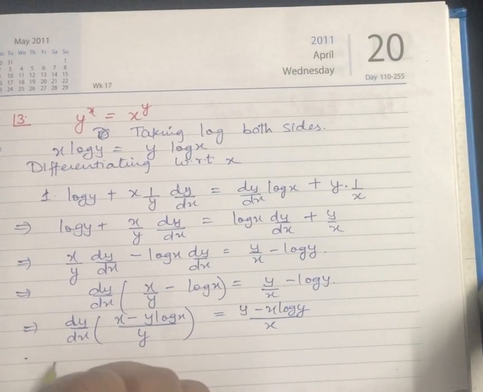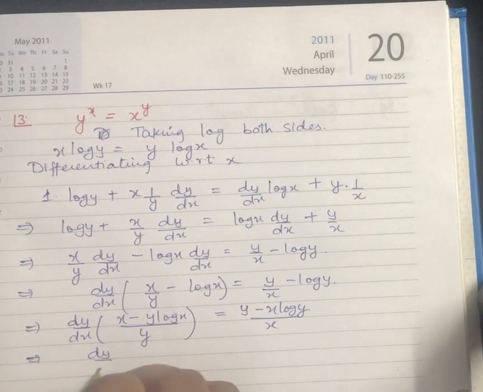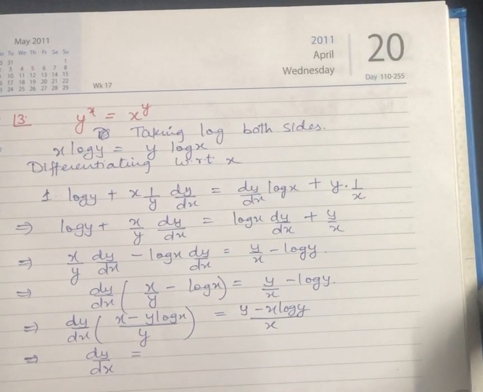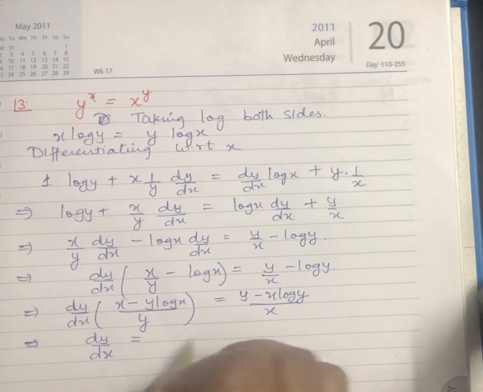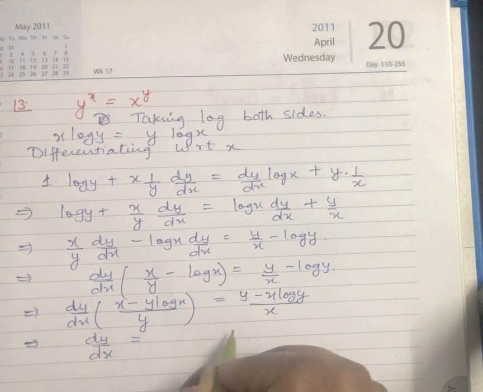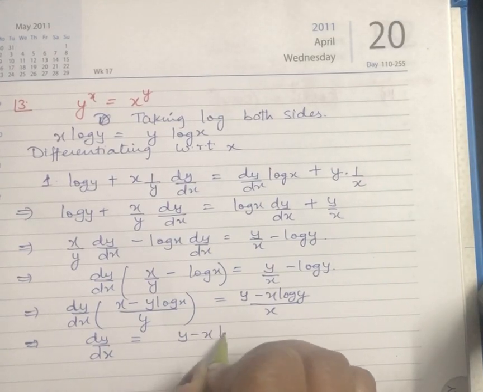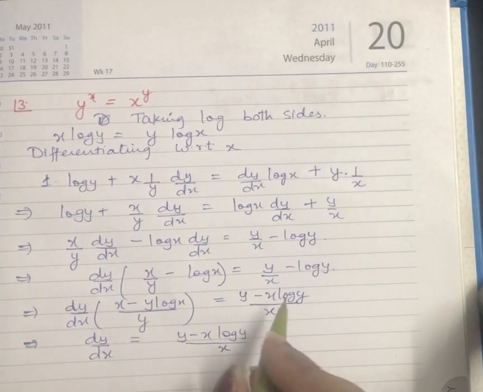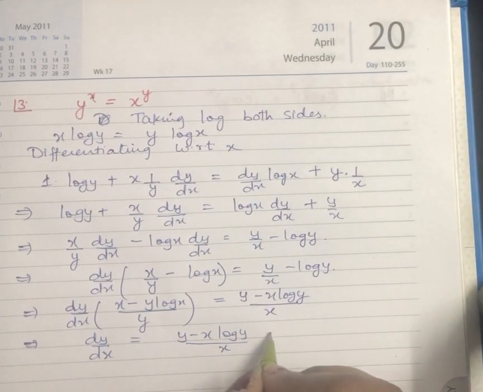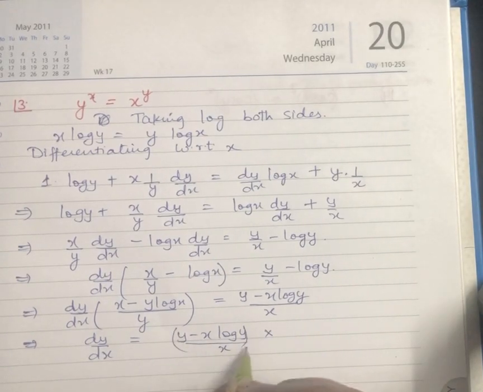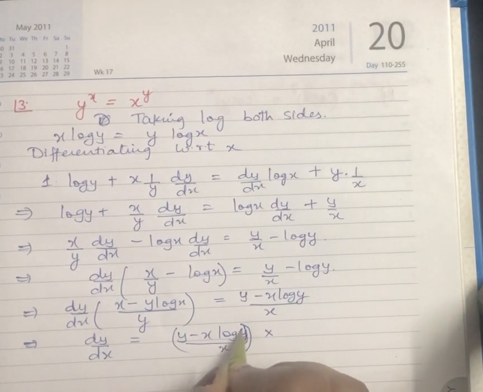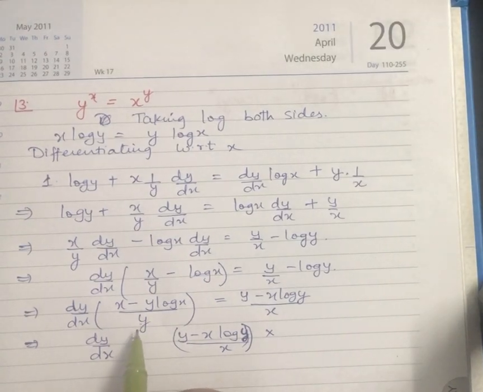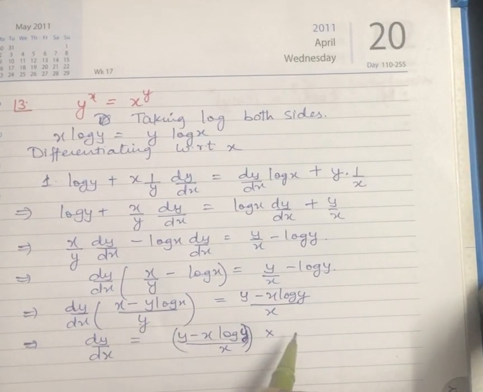We can write it this way. So from here we get dy by dx equal to y minus x log y by x, and taking this term to right hand side we get multiplying this, because here it will invert itself when we take it to right hand side.